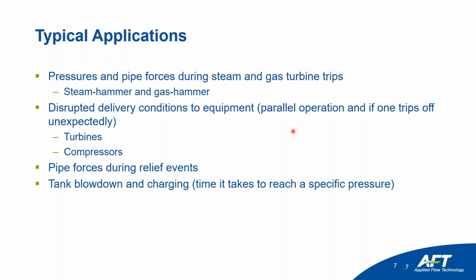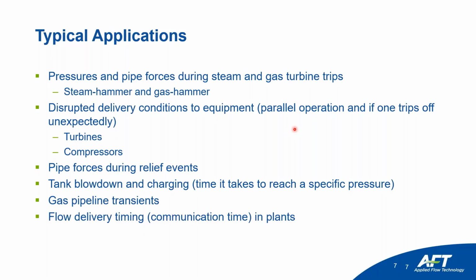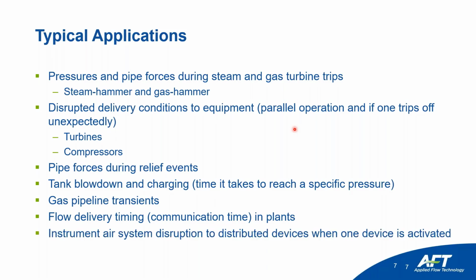Tank blowdown and charging, and the time it takes to reach a specific pressure. Gas pipeline transients. Flow delivery timing, communication time, plants. Instrument air system disruption to downstream devices when one device is activated. Pulsation caused by reciprocating compressors.